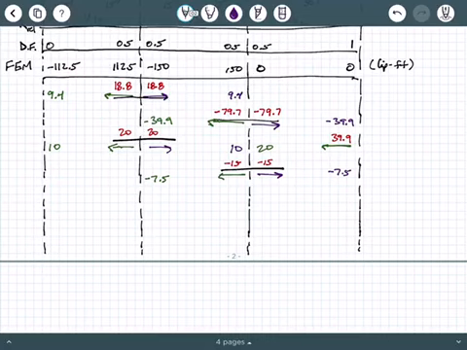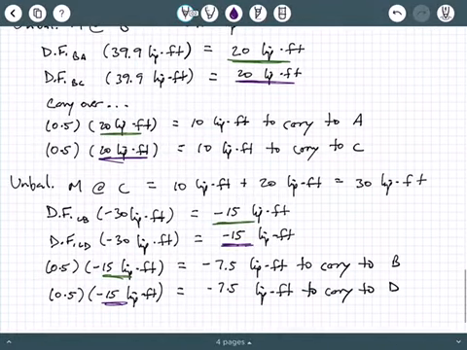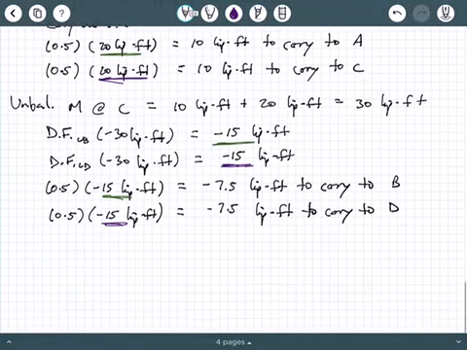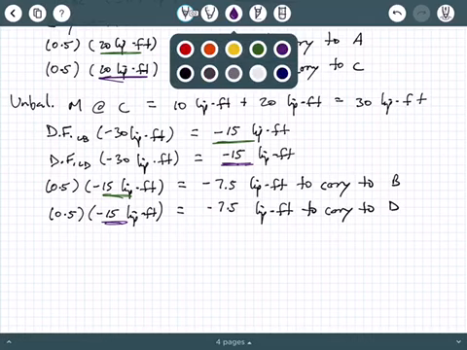They're getting smaller, okay? So these unbalanced moments are getting tinier and tinier with every iteration until eventually they approach zero, all right? So this is just several iterations that we have to go through until we have a close to zero unbalanced moment, okay?